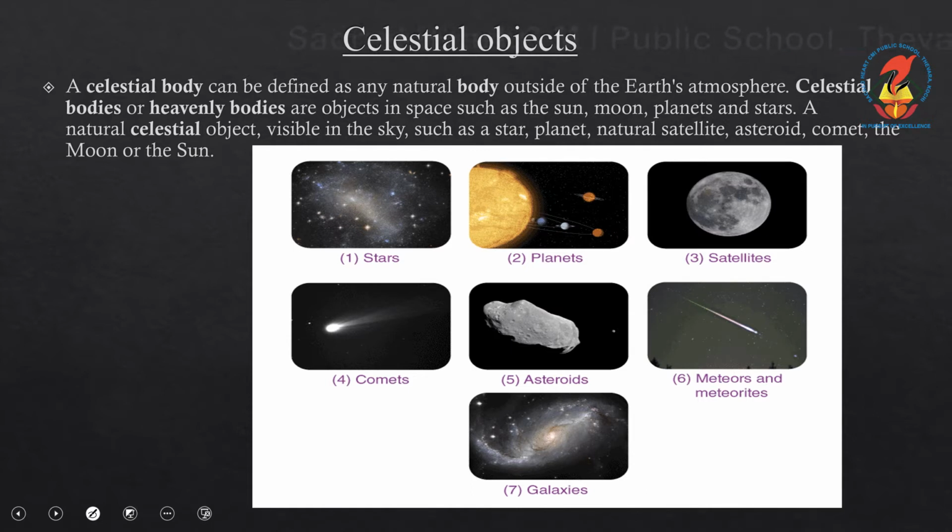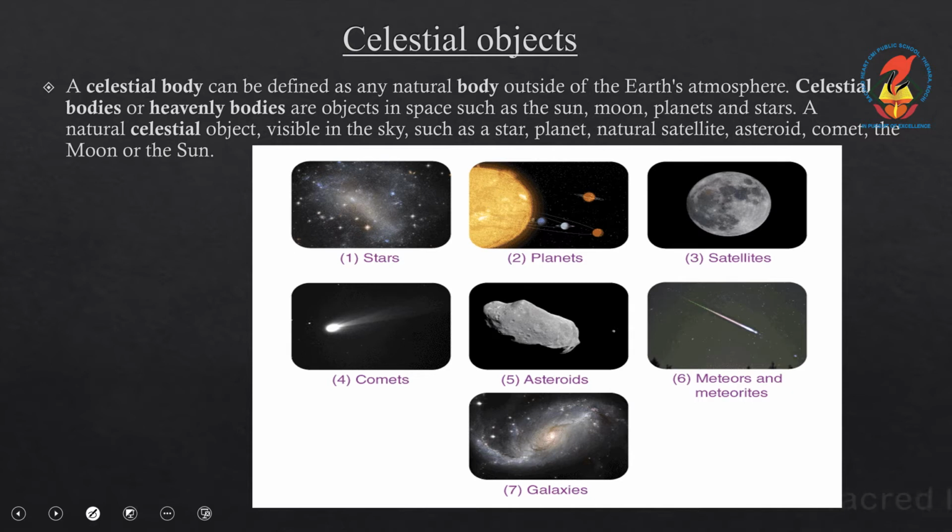So, sun, moons, planets, satellites. Satellites here means natural satellites. Comets, galaxies, all those things can be considered as celestial objects. A natural celestial object visible in the sky, such as a star, planet, natural satellite, asteroid, comet, moon or sun.